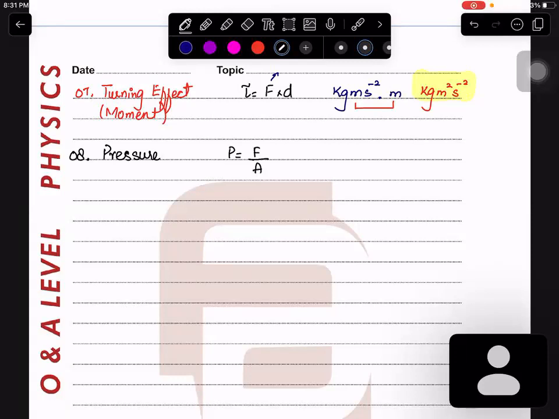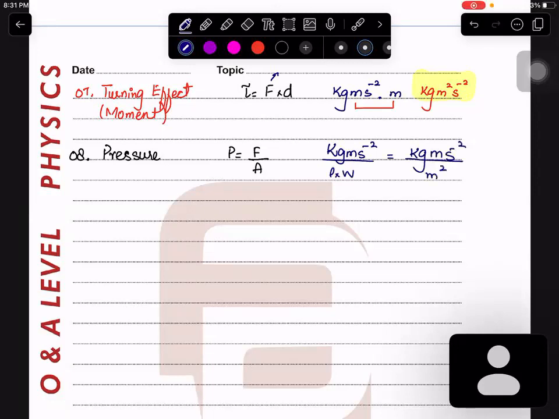We know the standard unit is Pascal, but what we are looking for is the basic unit. Force is kg m s^-2. Area is length into width. Am I right? Yes, sir.